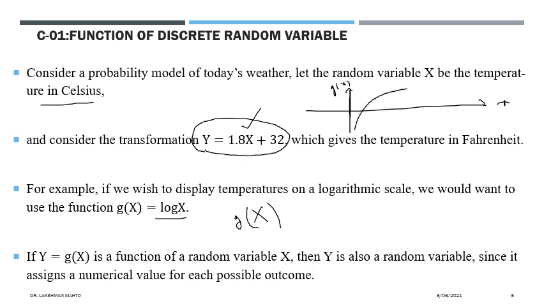So if y equals g of x is a function of a random variable, then y is also a random variable since it assigns a numerical value for each possible event. Again, you can see the same composition approach, that the random variable x is a mapping from the sample space to its range.